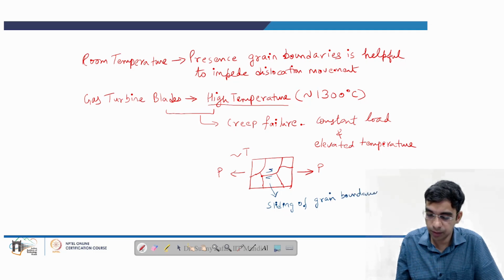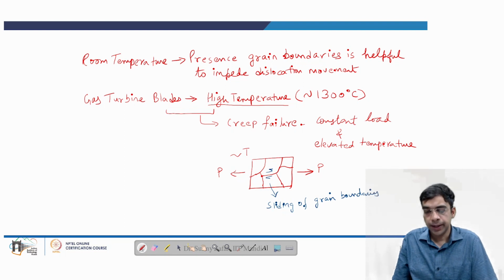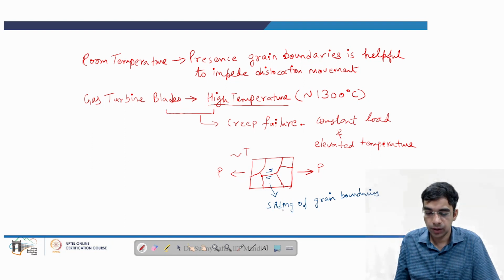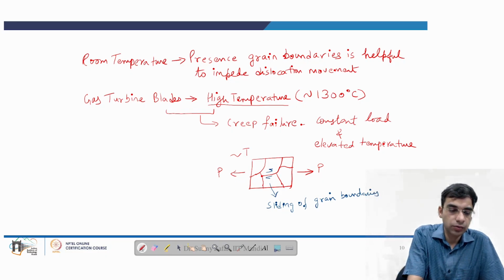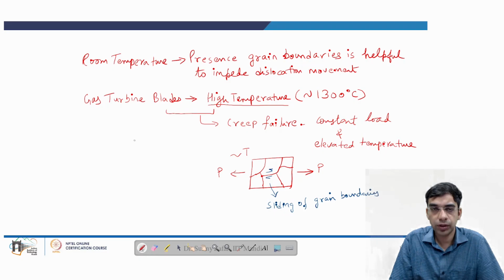So sliding of the grain boundaries takes place, and because of this sliding, the failure of the material or the component can take place. So it is highly desirable that the gas turbine blades should have no grain boundaries present in them in order to avoid the chance of creep failure.